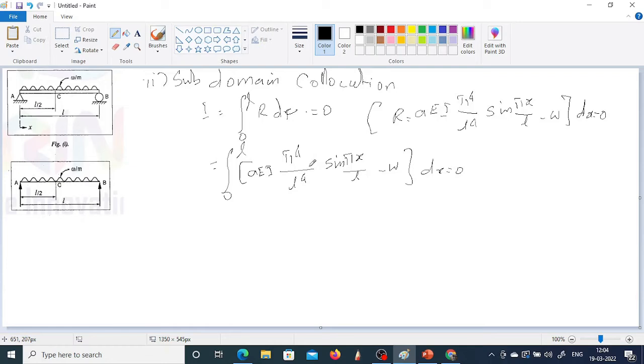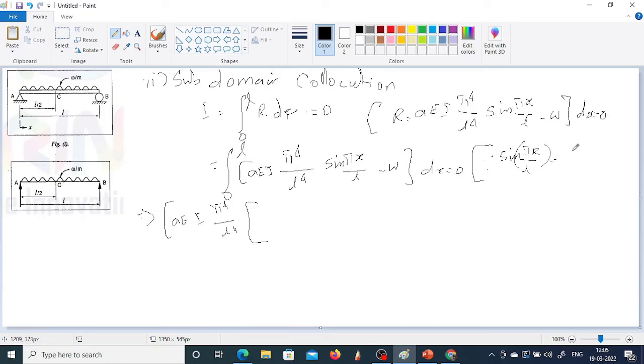Here, what is the next step? We can find the integral of these terms, because we have the limits 0 to L. How do I identify the integrals? Let's see. Here 0 to L, A EI pi power 4 by L power 4 is available. So the constant terms I can take outside: A EI pi power 4 divided by L power 4. What happens with sine pi x by L?